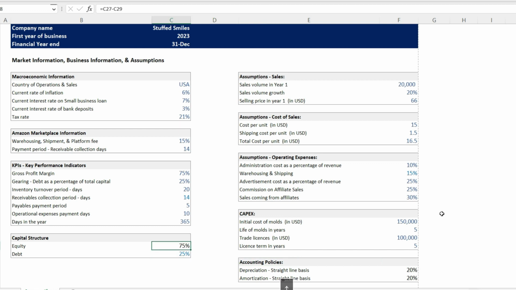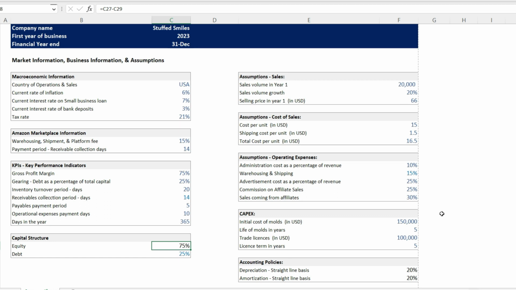Here you can see that my equity structure is 75%, and it is based on a calculation: if debt is 25, the remaining is 100 minus debt. Why am I linking it? Because you can change the debt at some point.